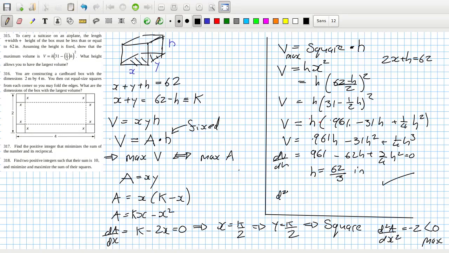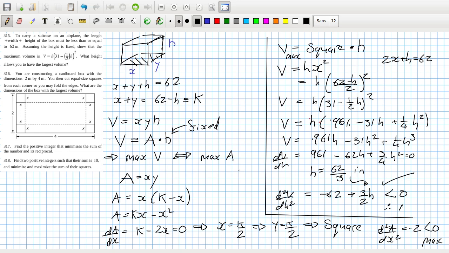Let's just confirm that that is indeed the maximum by calculating the second derivative. That'll be minus 62 plus 3 over 2 h. If we sub that in, yeah, it's minus 31.